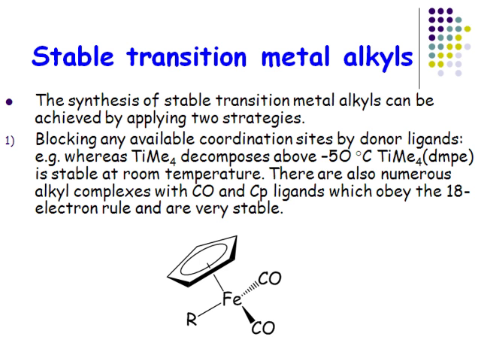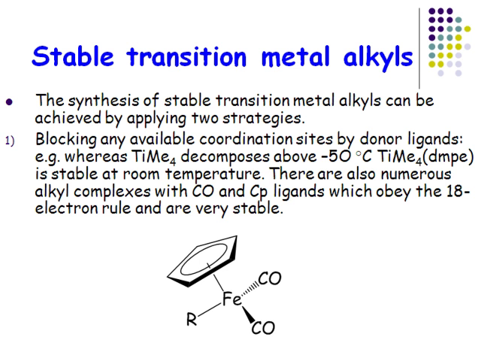If you sterically or electronically saturate your transition metal center, so there's no way the alkyl group can bite back and interact with that transition metal center, then you are going to prevent beta-hydride elimination taking place. How do you do that? Well, you add donor ligands. So we add ligands that will take up those vacant orbitals on the metal.